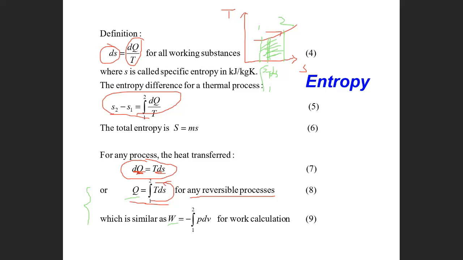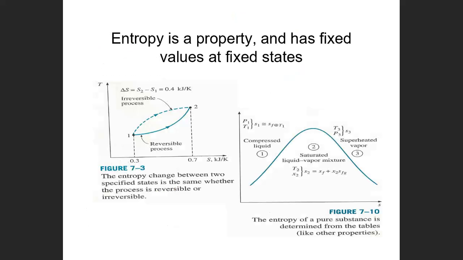So now we have similar formats for the calculation expressions for heat flow and for work. Work is due to the change of volume, and heat flow is due to the change of entropy. As we introduced, entropy is a property, and for a reversible process, we can trace the change of entropy.